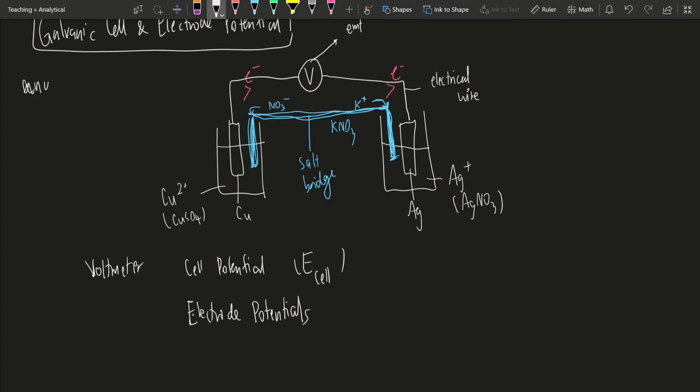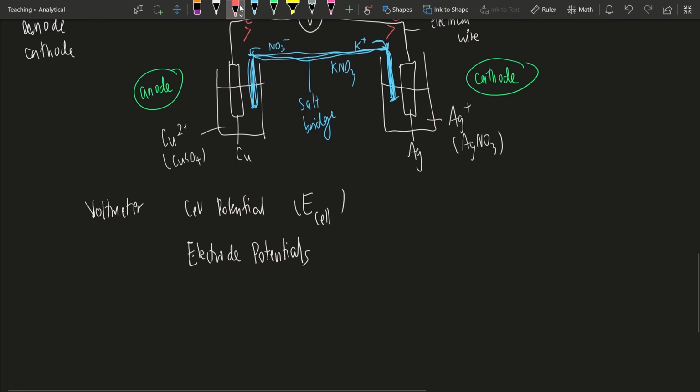I'm going to write here anode. And the other half cell is going to be the cathode, which undergoes reduction. So obviously in this case, your copper half cell undergoes oxidation. So this is the anode. And your silver half cell undergoes reduction. So this is the cathode.